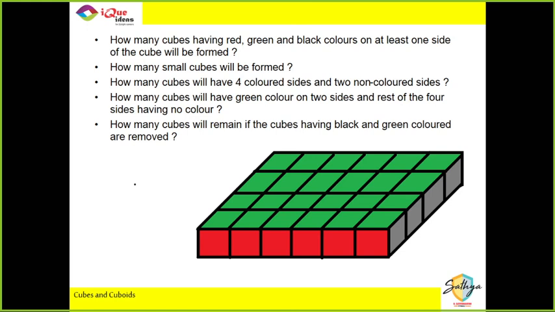All 3 colors are there on the corners, right? And there are only 4 cubes in the corners, right? This is 1 cube in the corner, 2nd cube, 3rd cube and 4th cube. Only these 4 cubes have all the colors. So 4. Total number of cubes is easy. 6 into 4 into 1, total 24 cubes.